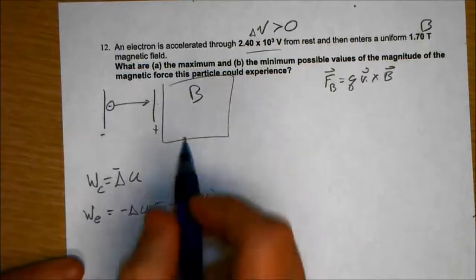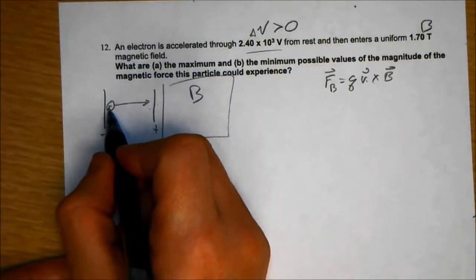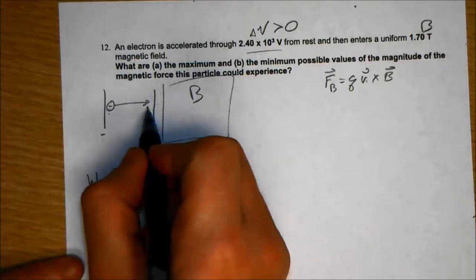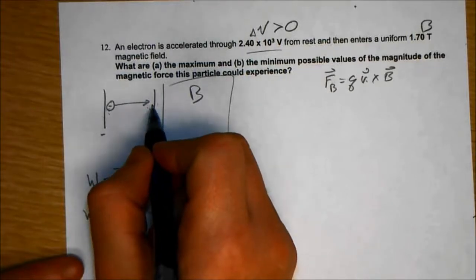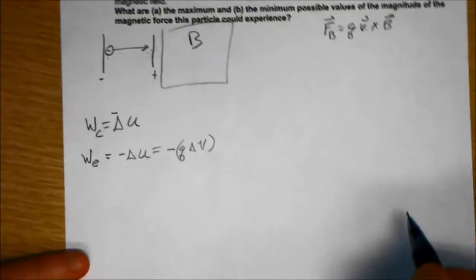The change in potential going from here to here must be greater than 0, because an electron accelerates towards areas of higher potential, so it's increasing potential as it moves.